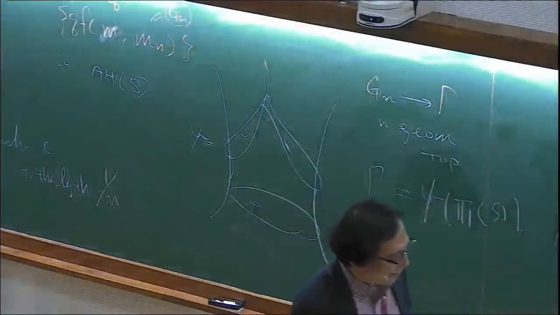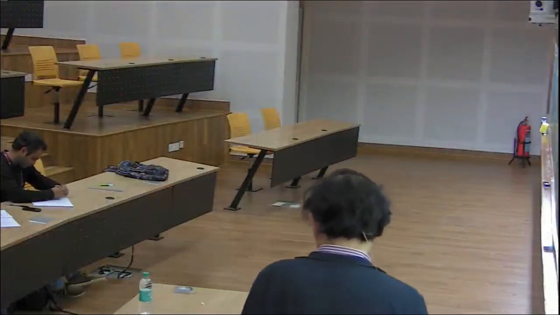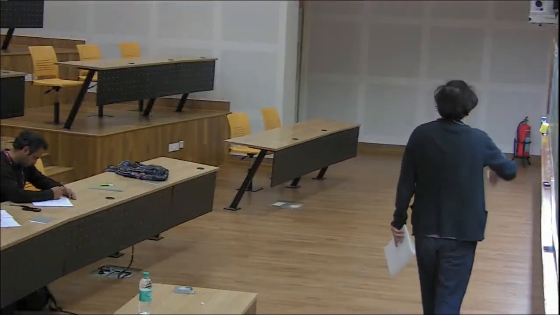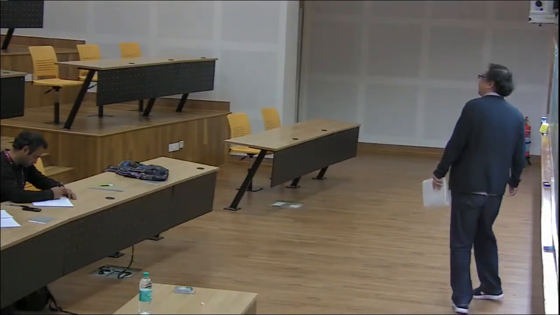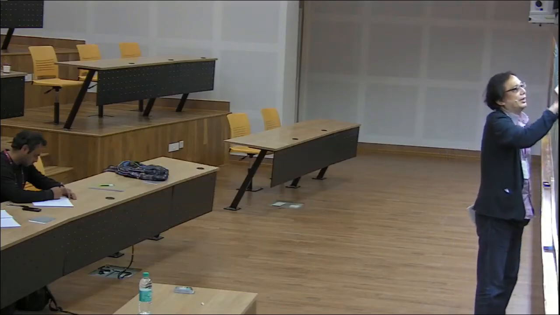And at the same time, I would like to define something called ending lamination, which is a kind of invariant for geometrically infinite groups.